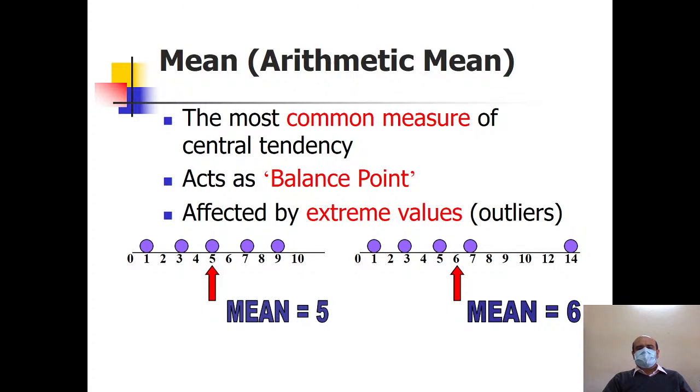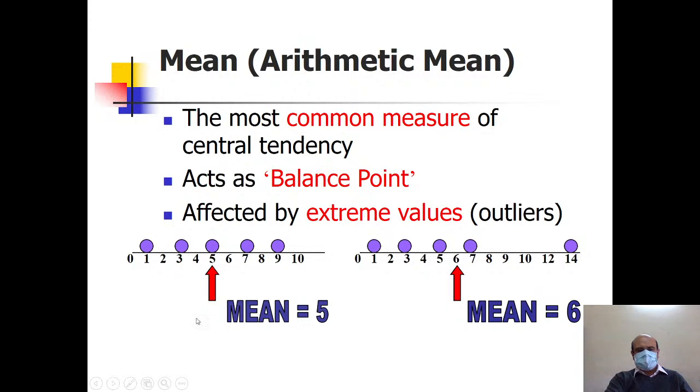The most common measure of central tendency is mean. It acts as a balance point and it is affected by extreme values, that is outliers. So outliers are those values which are far away from the mean, and those are the extreme values on the negative side or on the positive side.